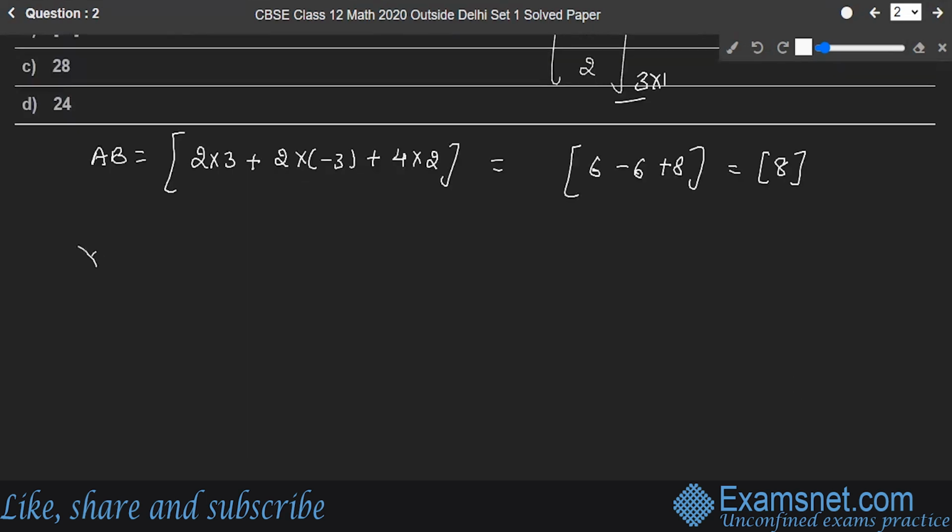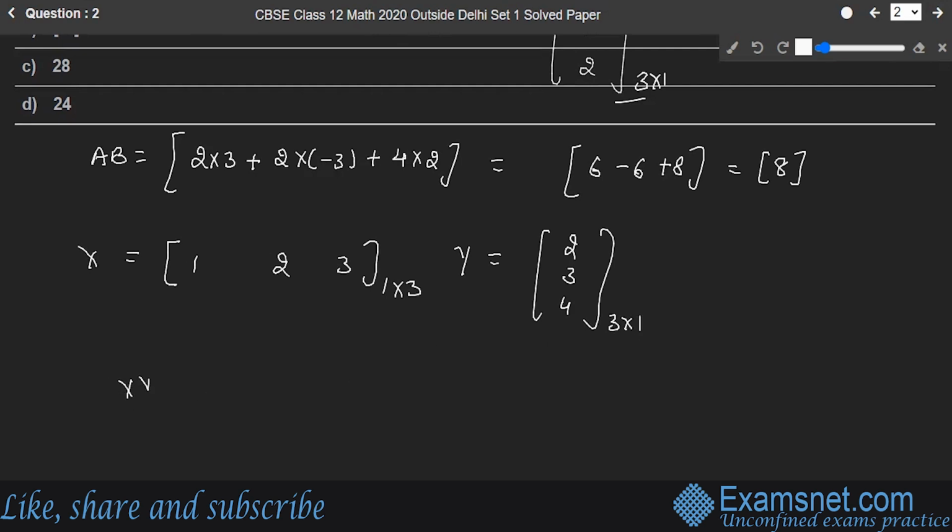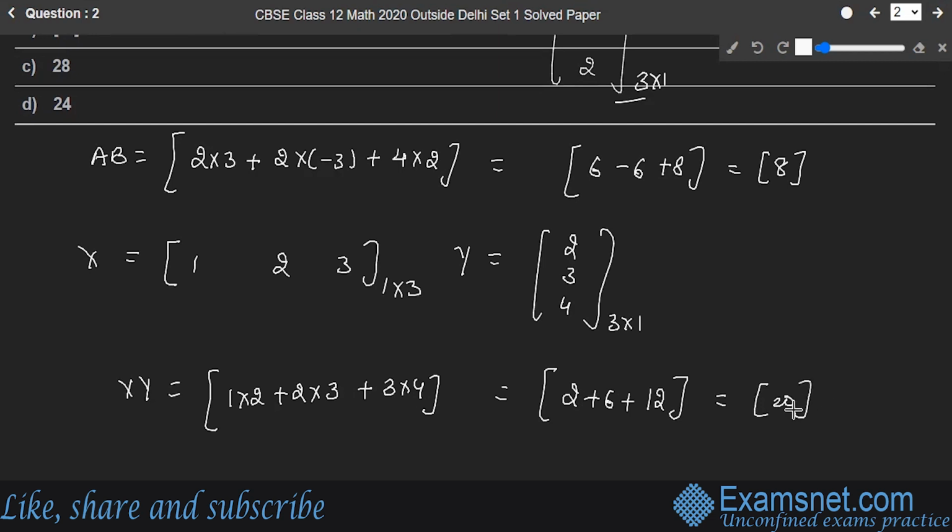X was equal to 1, 2, 3, and Y is 2, 3, 4. The order of X is 1 row, 3 columns, and Y is 3 rows, 1 column. X into Y will be equal to 1 into 2 plus 2 into 3 plus 3 into 4. This gives you 2 plus 6 plus 12, that is 20.